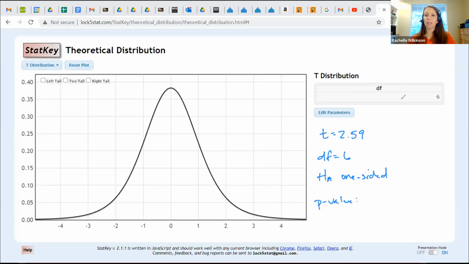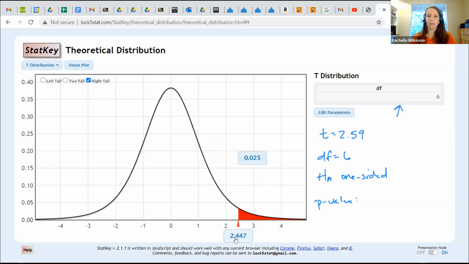Okay, so I already put in the degrees of freedom over here, 6, so that part's good. Now, because my test is one-sided and my test statistic is positive, I'm going to click on right tail. So in general, if your test statistic's positive, you're going to click on right tail, and if your test statistic is negative, you're going to click on left tail. So I clicked on right tail.